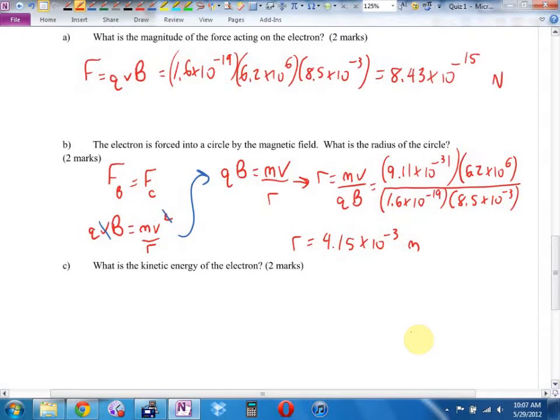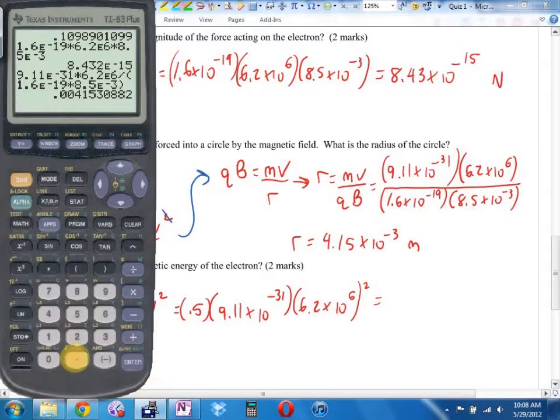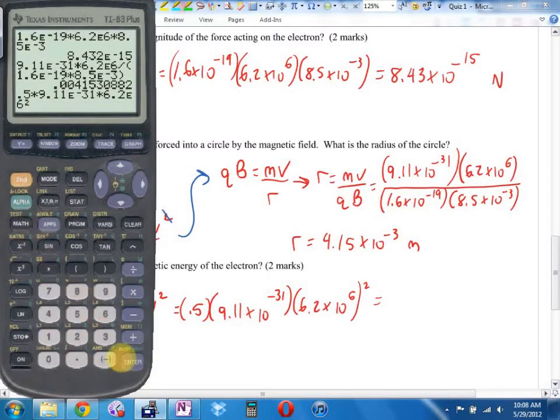What's the kinetic energy? Some review. Kinetic energy has been the same all year long: a half mv squared. 0.5 times 9.11 times 10 to the negative 31 times V squared, 6.2 times 10 to the 6th squared.